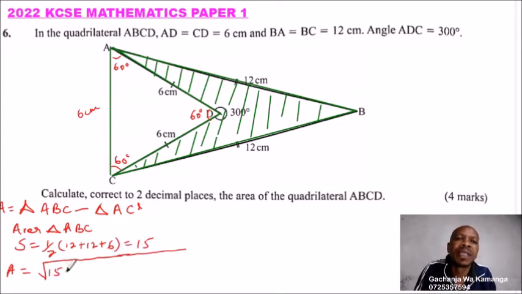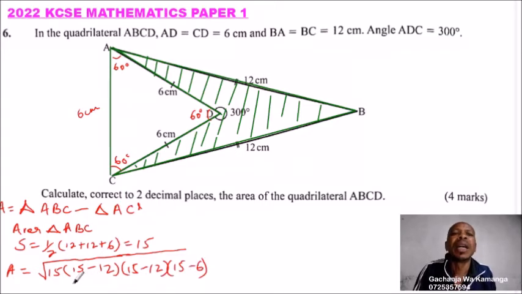So we say the square root of 15 into bracket 15 minus 12, then 15 minus 12, and we multiply by 15 minus 6. That is Hero's formula, and you can use your calculator to get that.